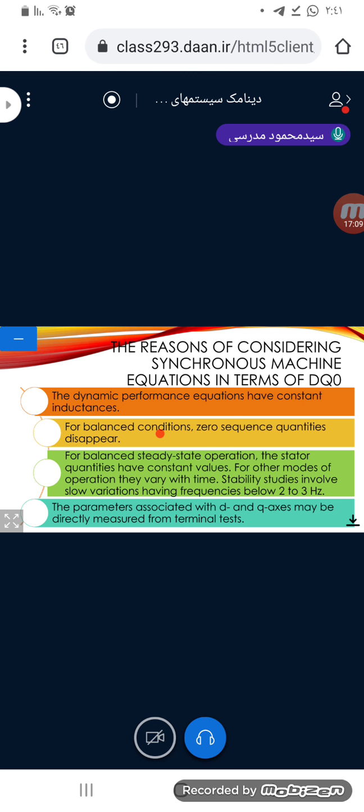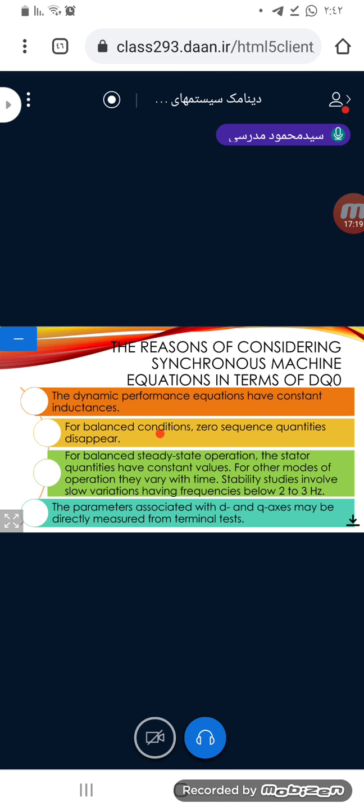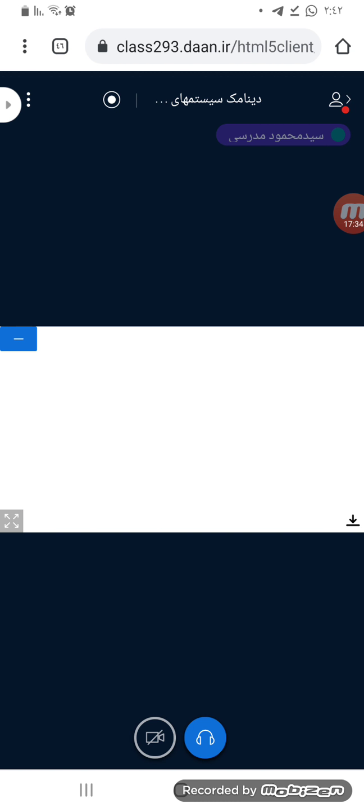The parameters associated with the D and Q axes may be directly measured from terminal tests. So it's good for us to use the DQ0 terms.